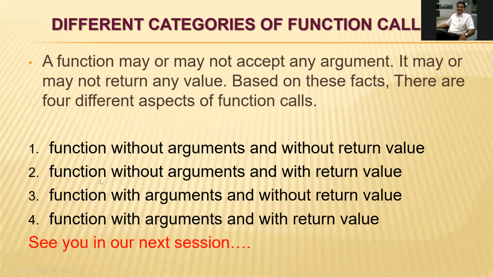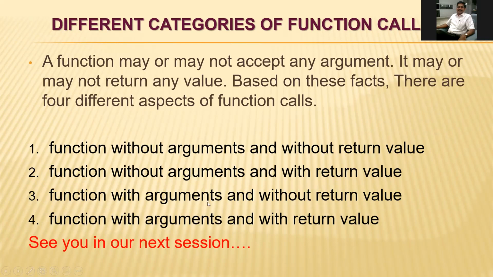The second category is functions without arguments and with return values. We are not specifying arguments, but we are returning values from the called function, and that return value will be passed to the main function.